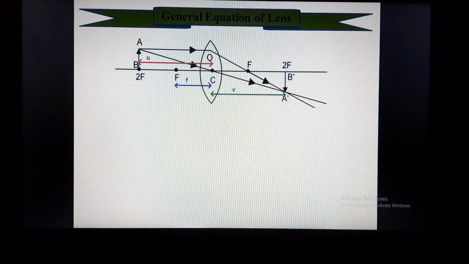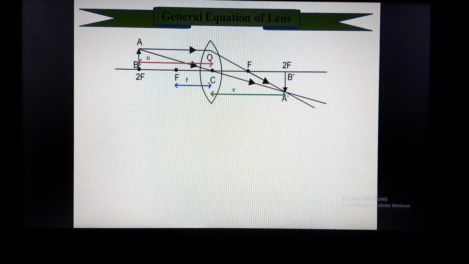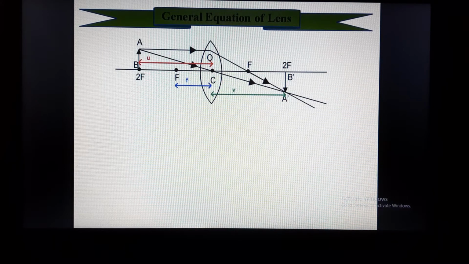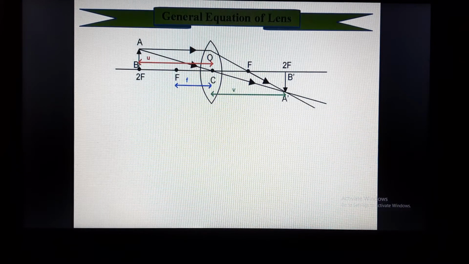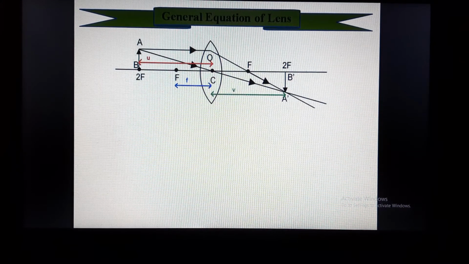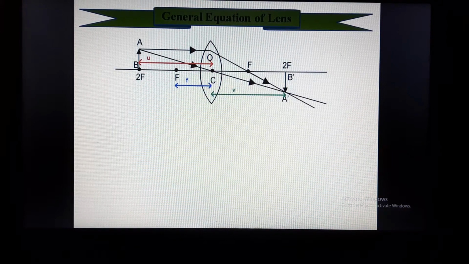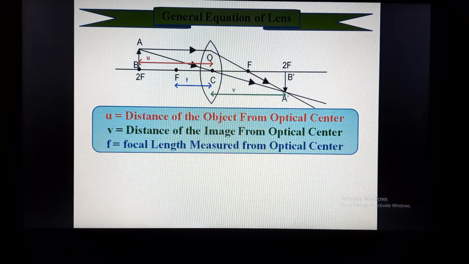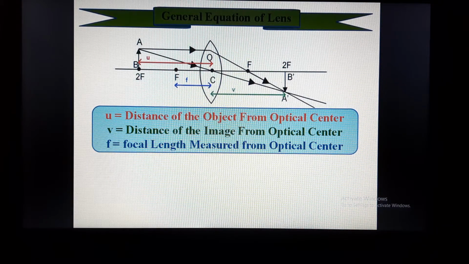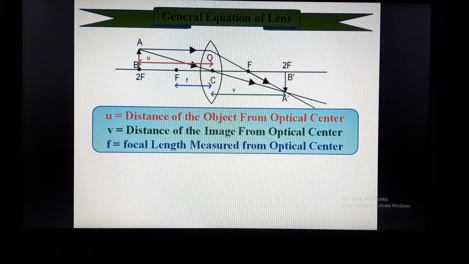Okay, so here you see a figure. Here the object is AB and A prime B prime is our image and F is our focus point. Here the red line denotes U, which is the distance of the object from the optical center.